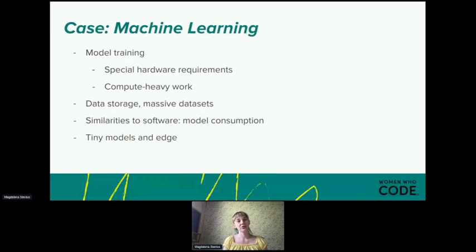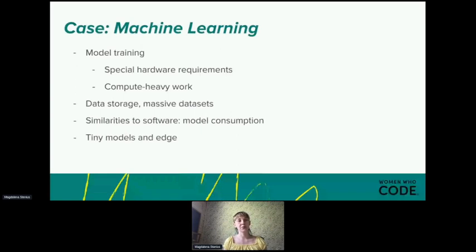But then again, there are also similarities to software development in machine learning. For example, model consumption. A machine learning model can be consumed like a regular API over HTTP. So this is a similarity to regular software engineering.